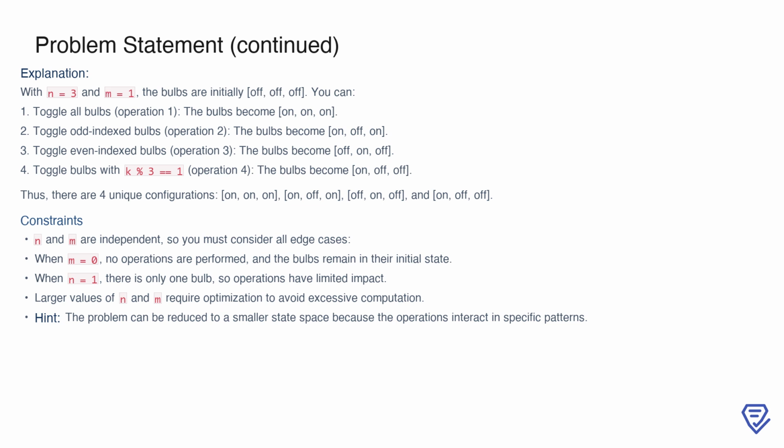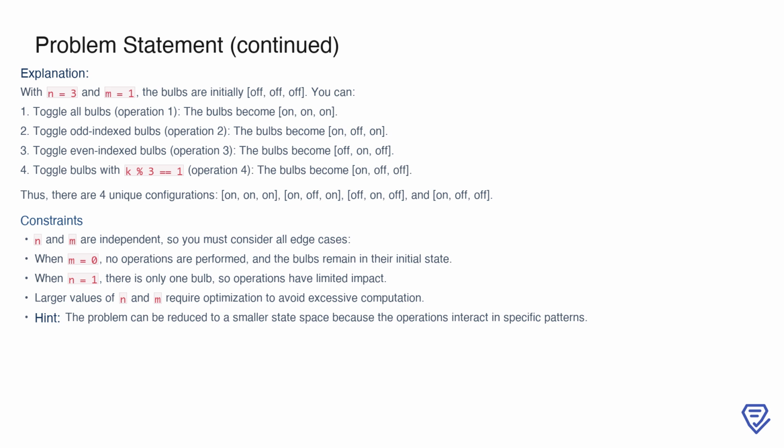Now, let's move to a slightly larger example with n equals 3 and m equals 1. For n equals 3 and m equals 1, the bulbs start in the state off, off, off. Using the first operation to toggle all the bulbs, we get on, on, on. The second operation toggles only the odd-indexed bulbs, resulting in on, off, on. The third operation toggles the even-indexed bulbs, producing off, on, off.